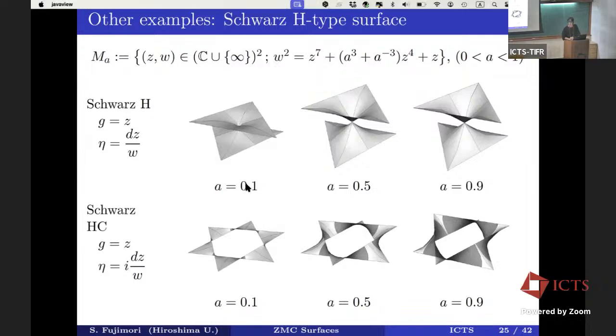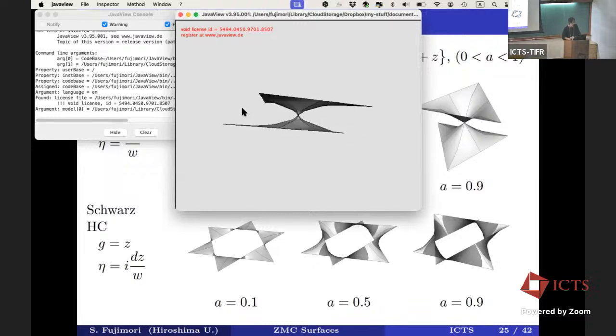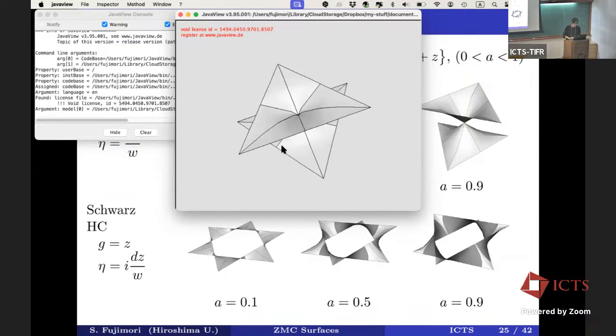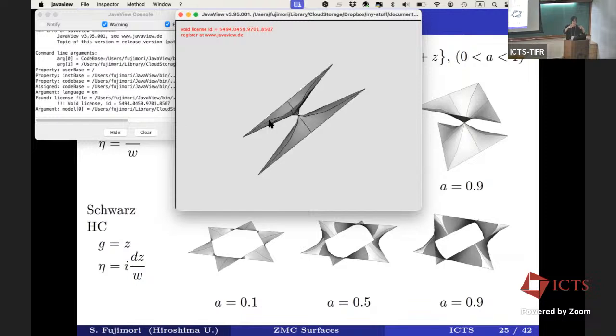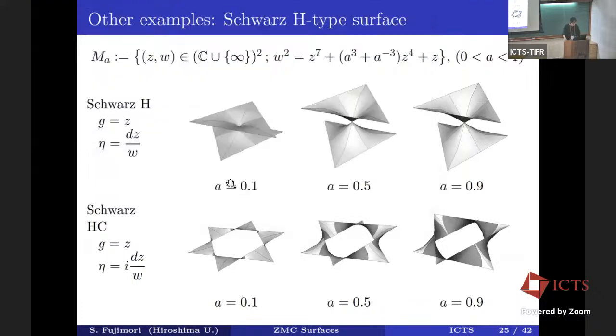If A is close to 0, then the surface again has horizontal planes connected by catenoidal necks, but the locations are different from before. Because this is a triangle, whereas before we had a square, the location of the catenoidal necks is different. In this case we have many triangle shapes. Since it has a convex singularity, the conjugate surface has fold singularities.